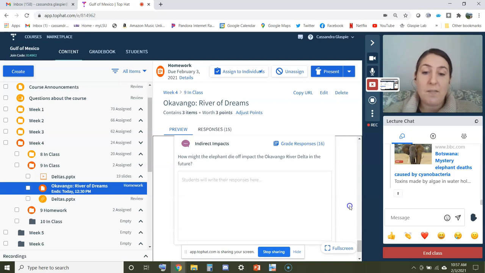And so this could have some impacts on, for instance, the form of the Delta in the future, and it may lead to, I would think, maybe enhanced erosion if we don't have as many palms growing in the delta, or changes in the way that the delta flows if we don't have elephants carving out those channels. Those would be my expectations, but this was one of those no right answer kinds of questions, just something for you to think about.